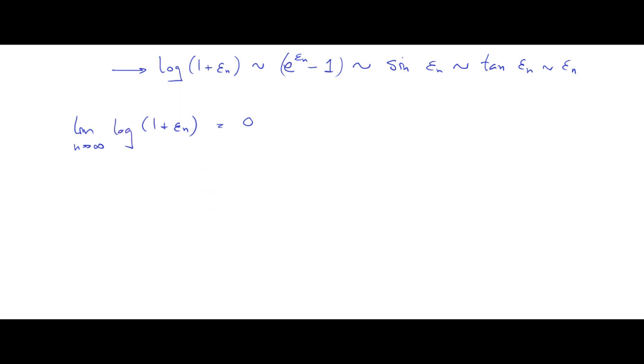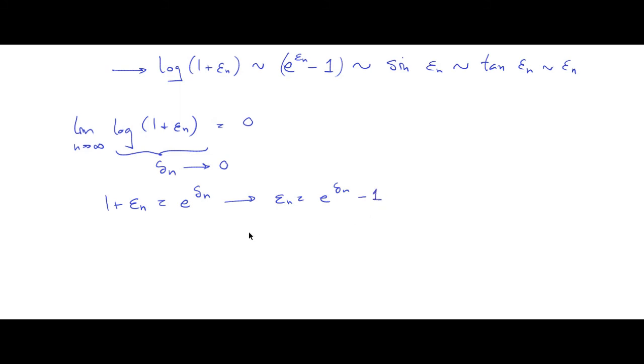So we can call this sequence something like delta sub n and take it as our sequence that is going to 0. So delta is going to 0, right? Then we have epsilon sub n, and we exponentiate both sides, so we have 1 plus epsilon sub n is e to the delta sub n, right? And we solve for epsilon sub n, so this is e to the delta sub n minus 1.